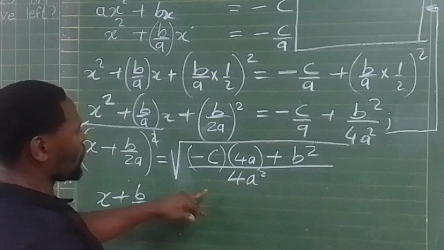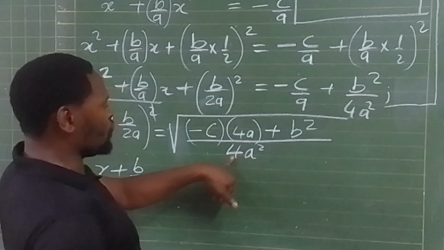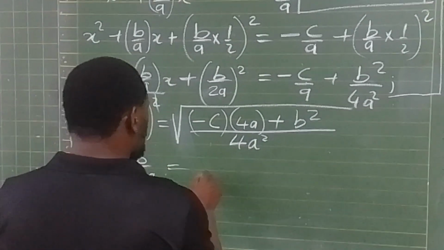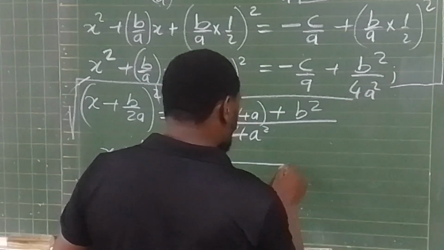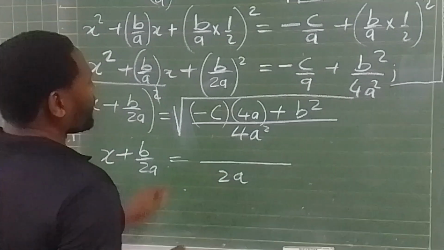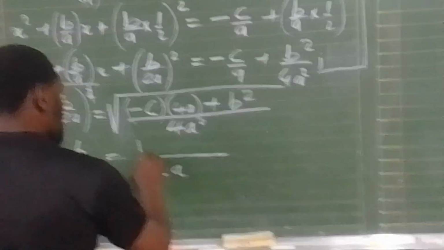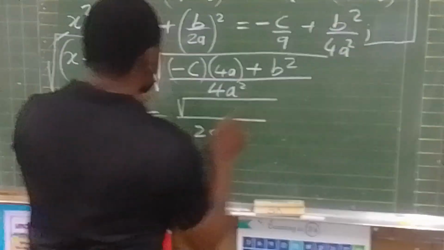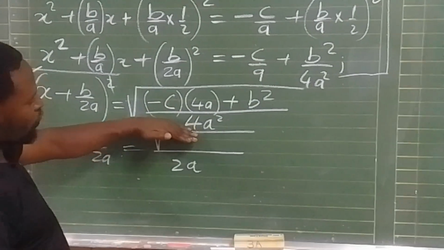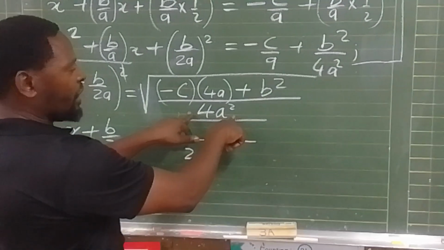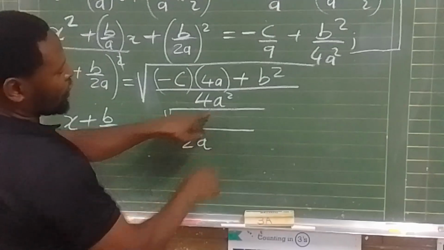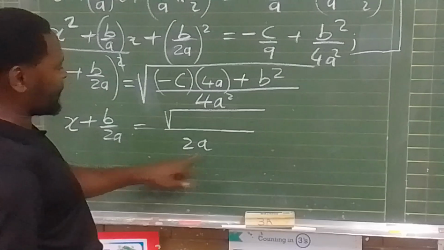Now here the square root of 4 is 2, and the square root of a squared is a, so it will be equal to something over 2a. Then you put your square root sign on the numerator only, because on the denominator we have removed the square root by performing the square root. The square root of 4 is 2. The square root of a squared is a.